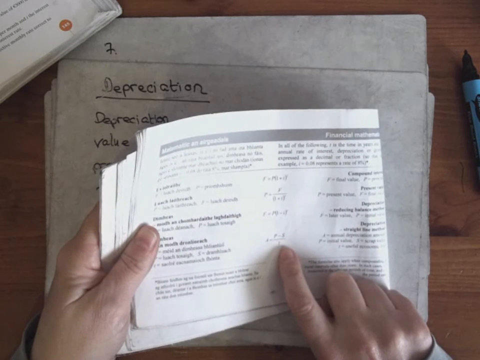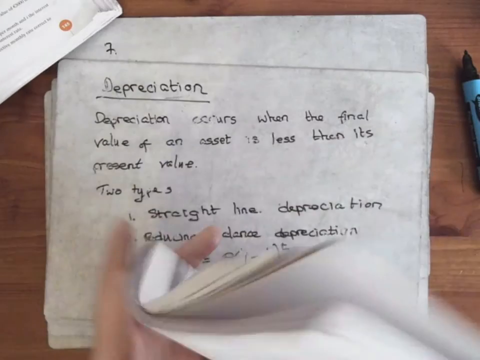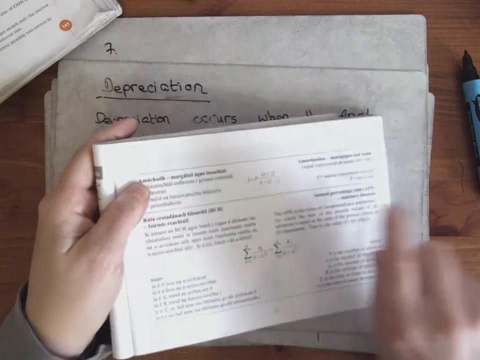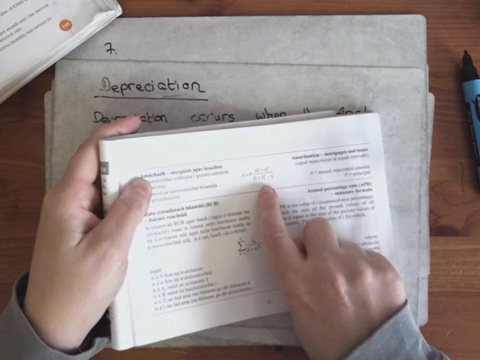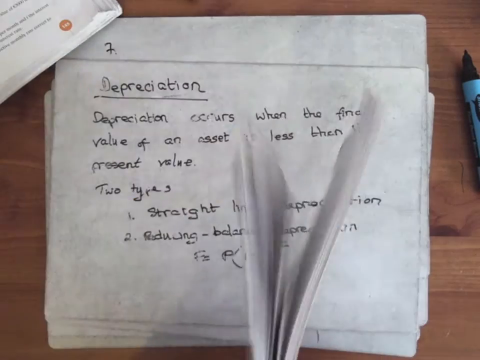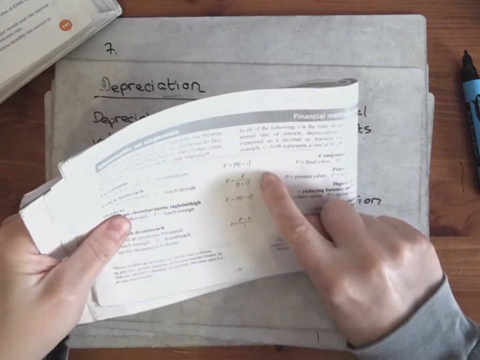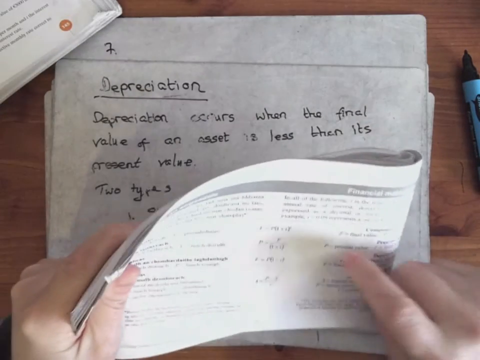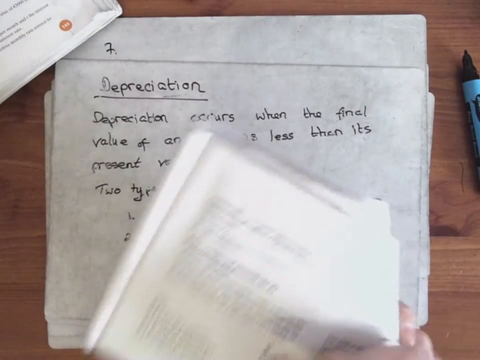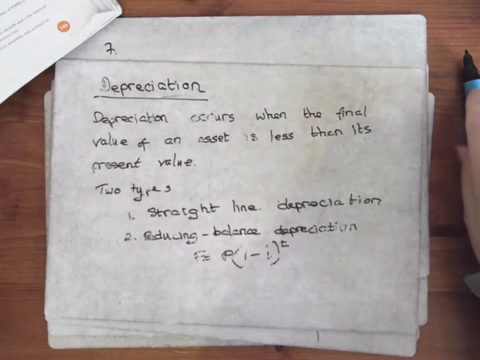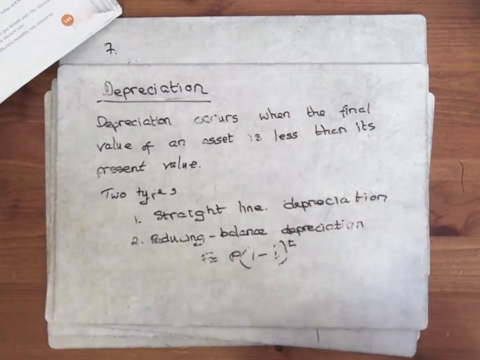You don't need this one, and we'll need this one here, the amortization one, by the end of the chapter, okay? But that's it. So you have 4 formulas there, the first 3 and the amortization one on the next page, which we will get to, don't worry.